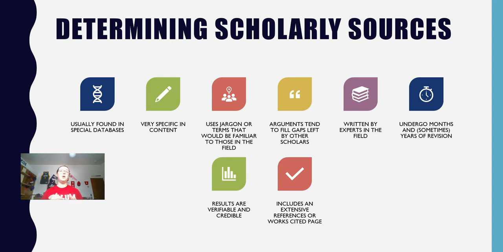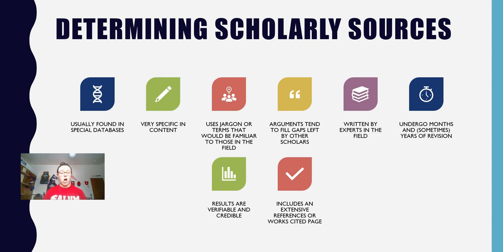And if you do, it will probably be the only time you do. But because of that, the results that you are reading and engaging with, and perhaps using as evidence for your argument later in Project 4, you know are going to be verifiable and credible. There is very little room for error in the results that you engage with in a scholarly source.